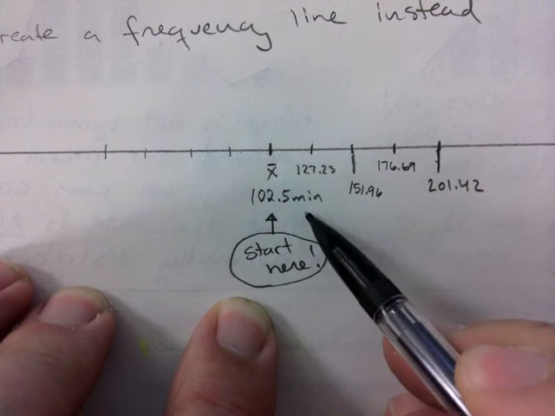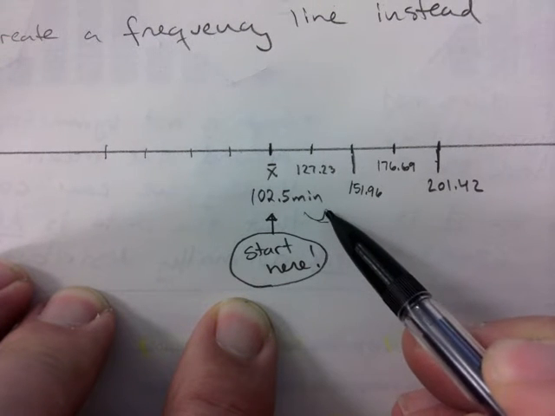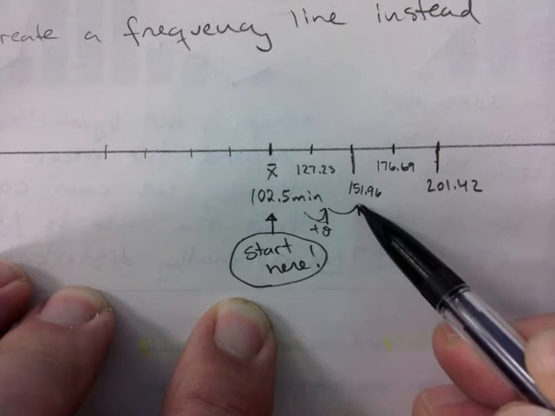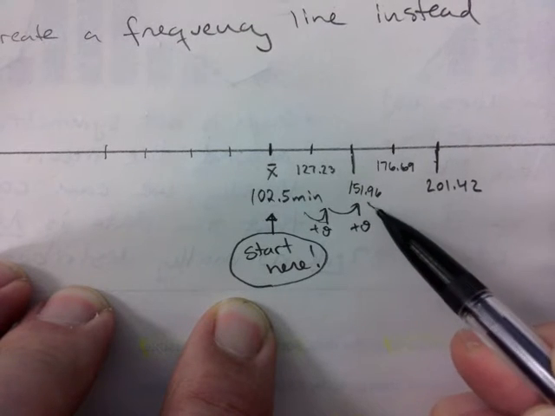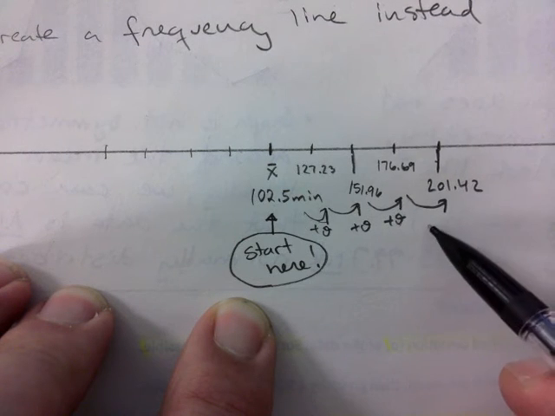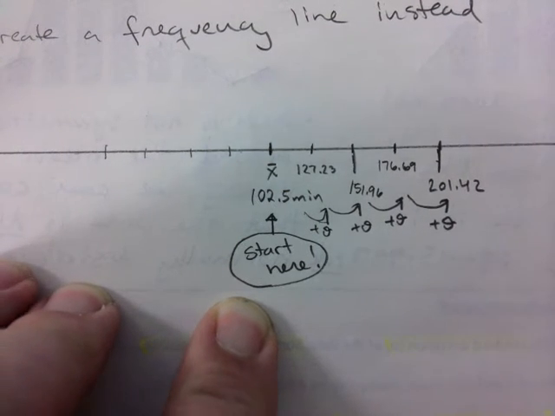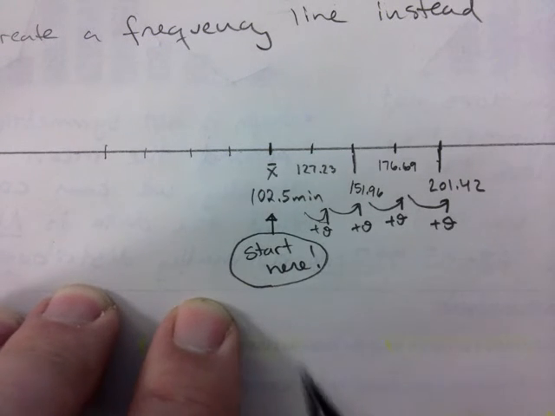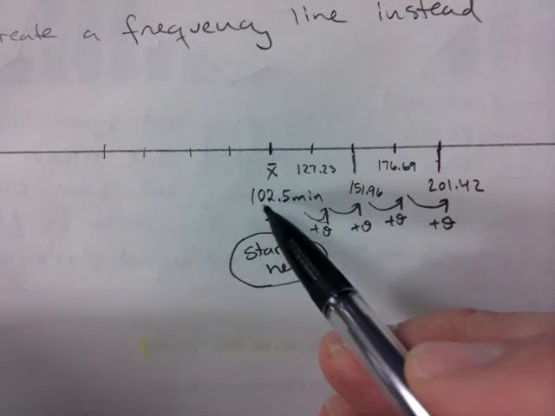You start there and then you just add a standard deviation every time, plus a standard deviation, plus a standard deviation, right? That's what you keep on doing to come up with the other values. And then you subtract, right? You go back to the middle.